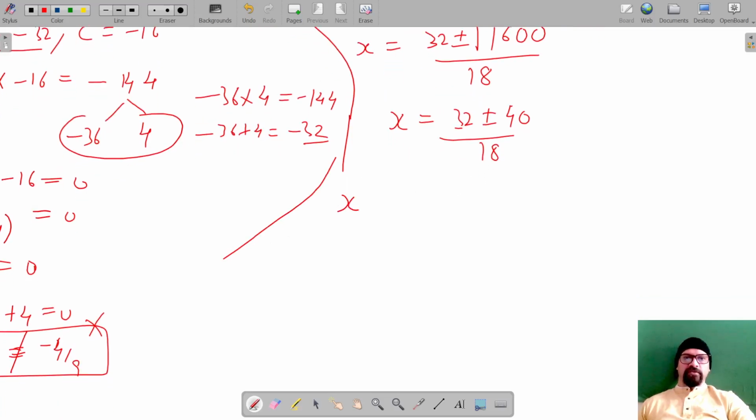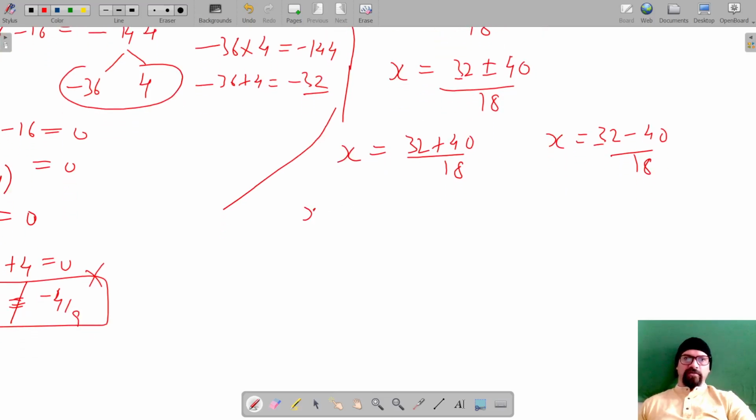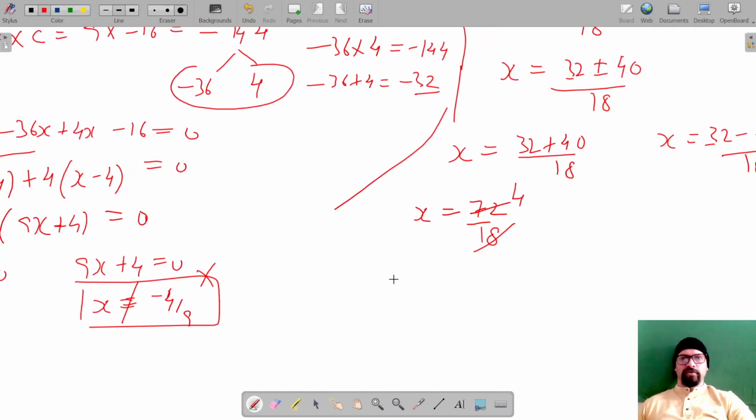So either x is 32 plus 40 by 18 or x is equal to 32 minus 40 by 18. Now 32 plus 40 is 72 by 18, and 18 fours are 72. So the value of x here is 4.